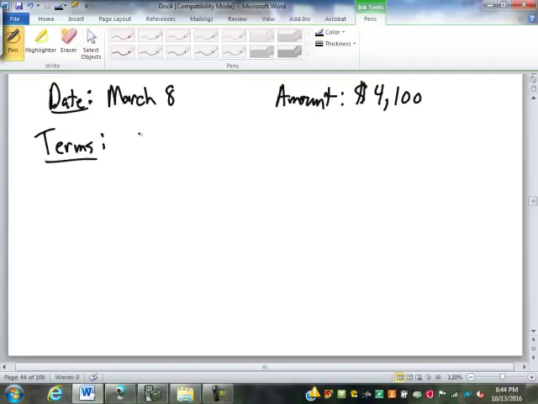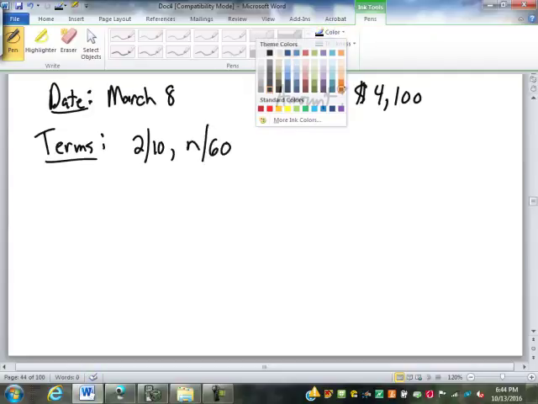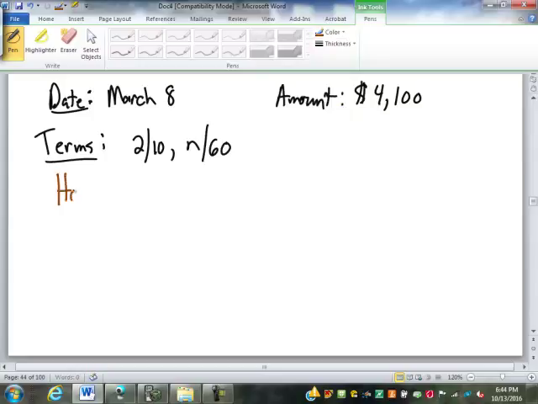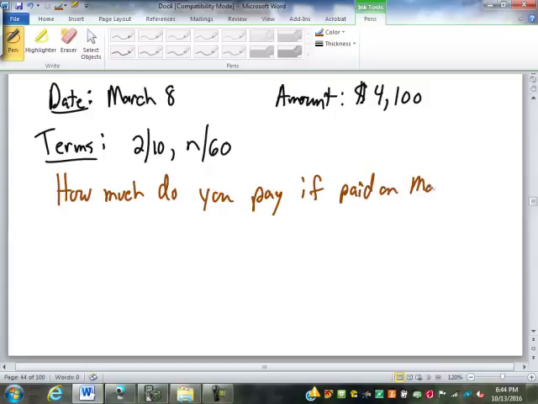The terms, 2/10 net 60. Our question is, how much do you pay if paid on March 29th?